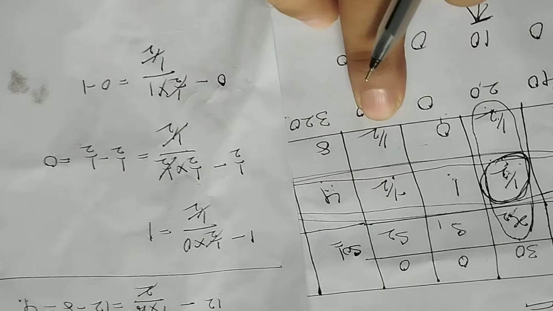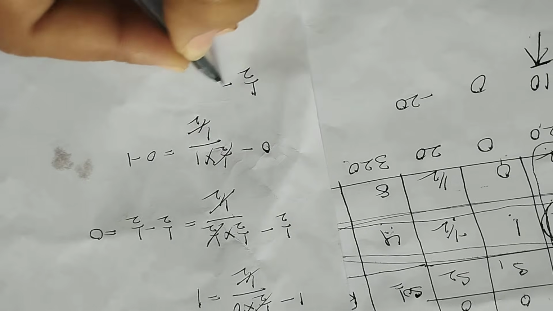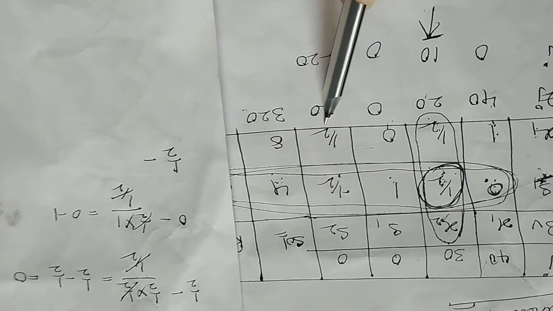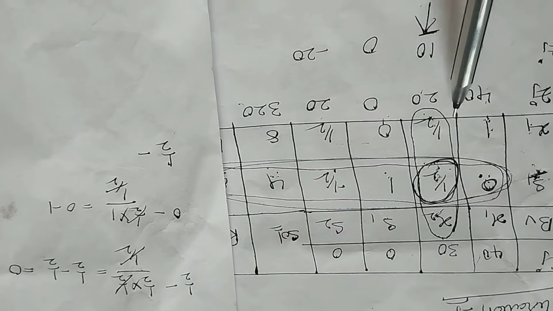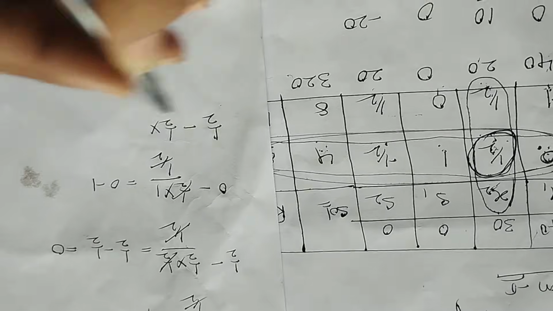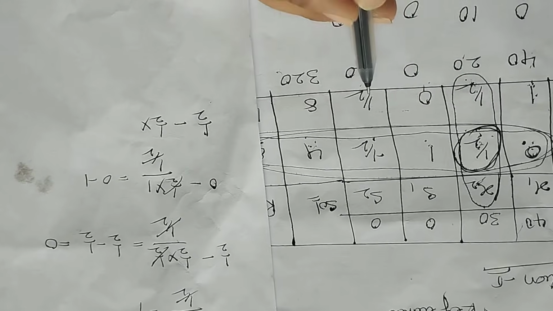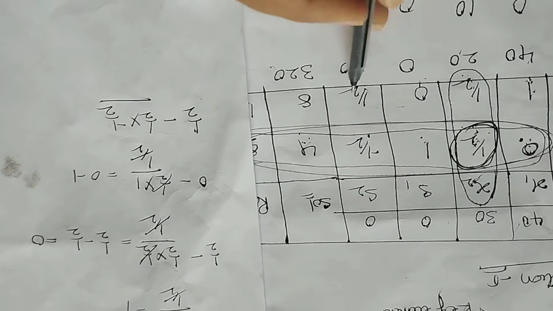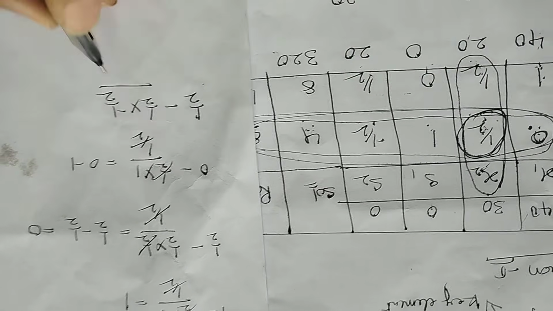And next, the corresponding old value is 1 by 2 minus the corresponding key column value 1 by 2 into the corresponding key row value minus 1 by 2, divided by the key element 1 by 2.